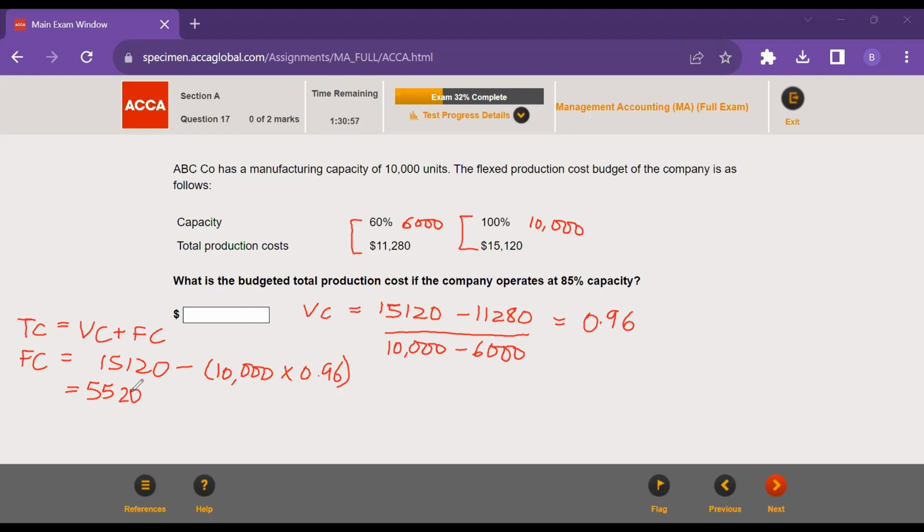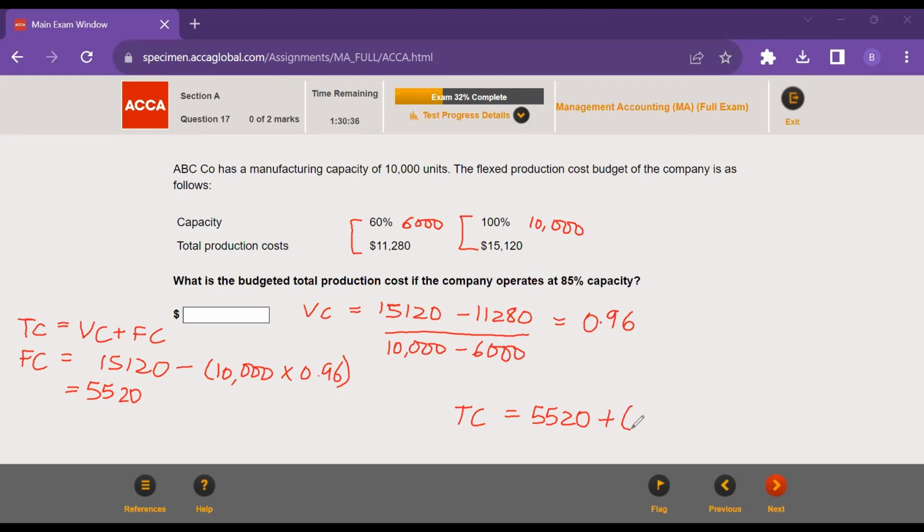capacity. So at that capacity, the fixed cost will remain same. It is only our variable cost which is going to be changing. So let's work out the total cost. So the total cost will be nothing but 5,520 plus your variable costs. We are producing at 85% capacity.